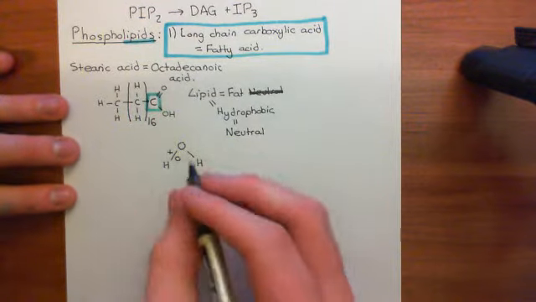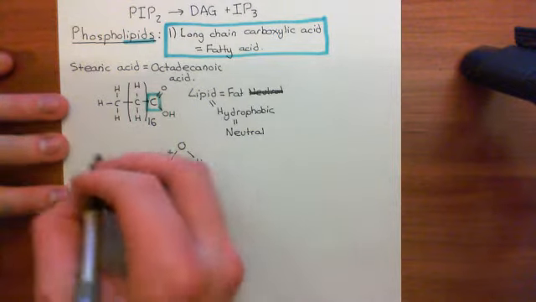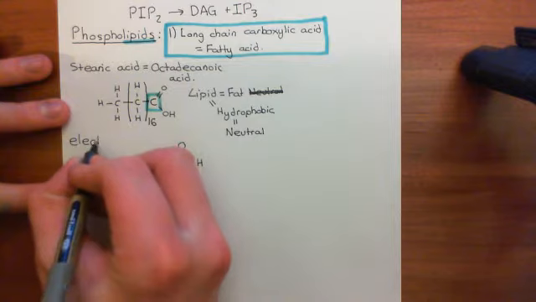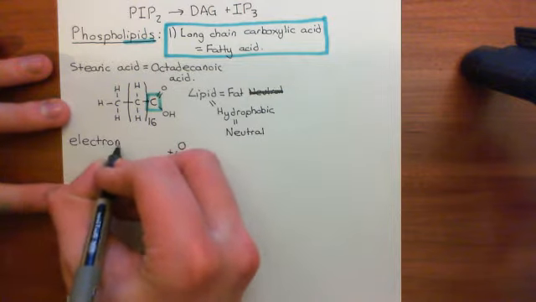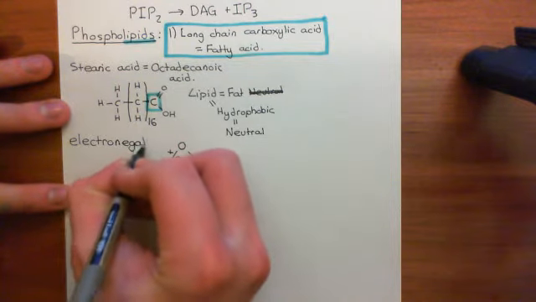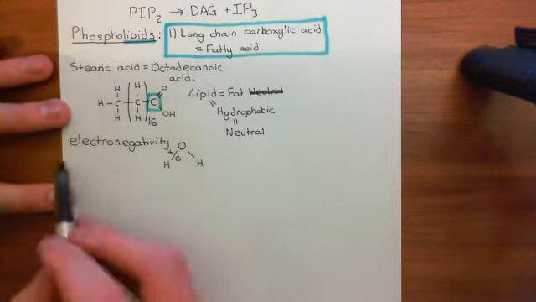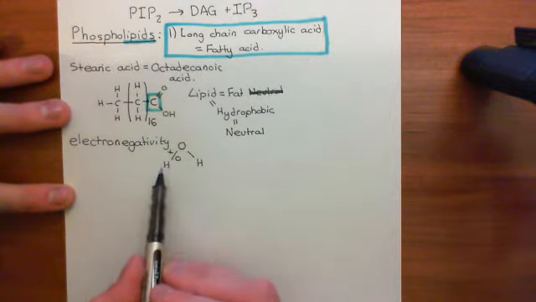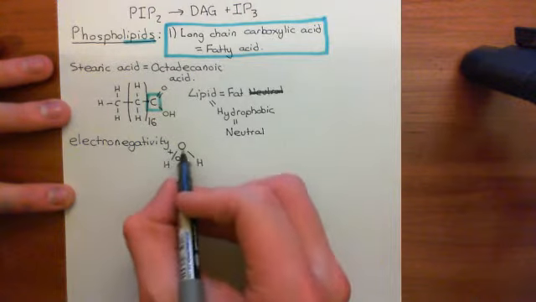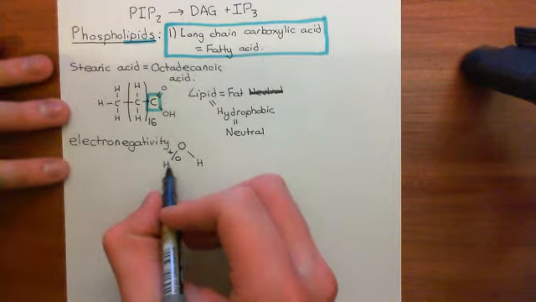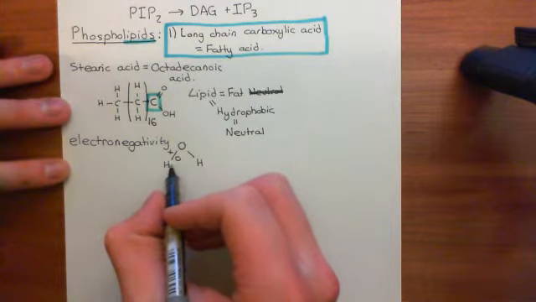Now, there is a fancy word which means how hard an atom pulls electrons towards it within a bond, and this is electronegativity. So if we say that oxygen has a greater electronegativity than hydrogen, what that means is that the oxygen atom pulls on electrons in bonds more than a hydrogen atom pulls on electrons in a bond.